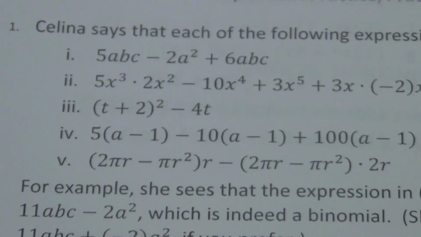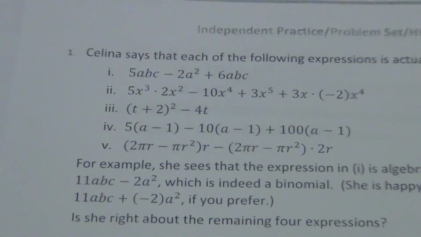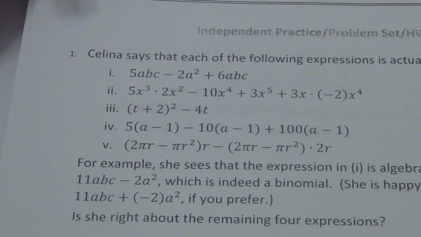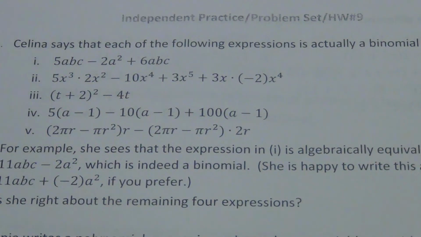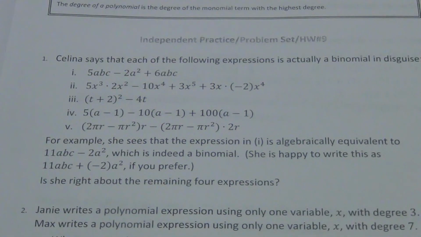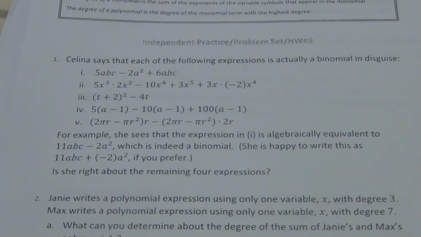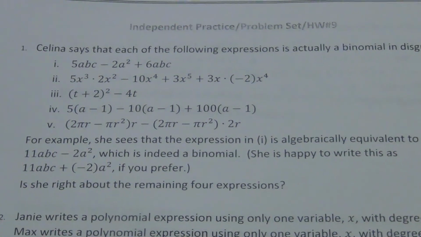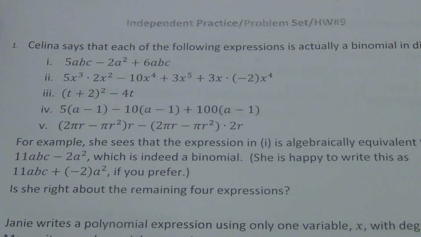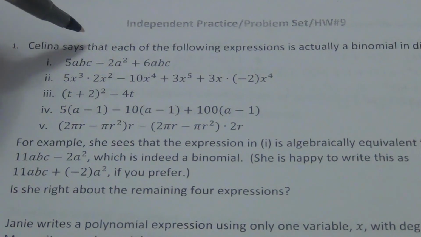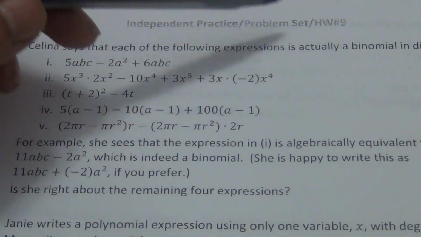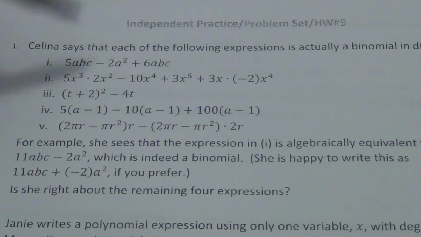Oh gosh, I gotta make this smaller so we can actually see what it says. Okay, so Selena says that each of the following expressions is actually a binomial in disguise. So I'm assuming that's what they want us to prove. Alright, so that's not a problem.